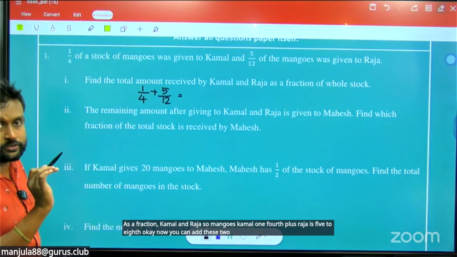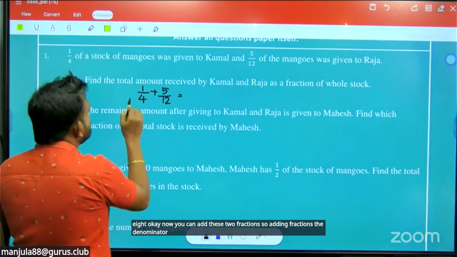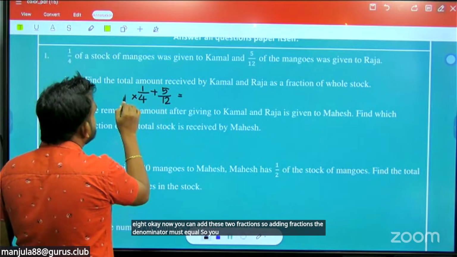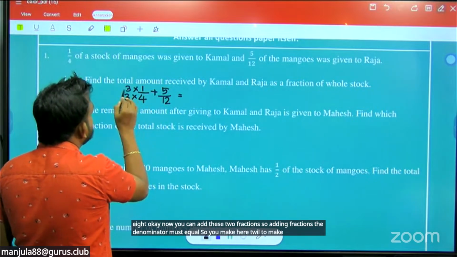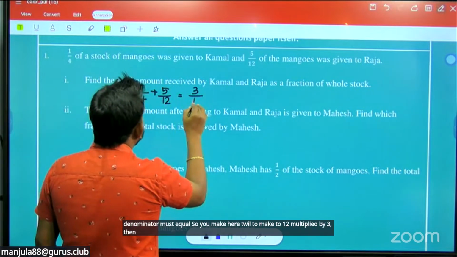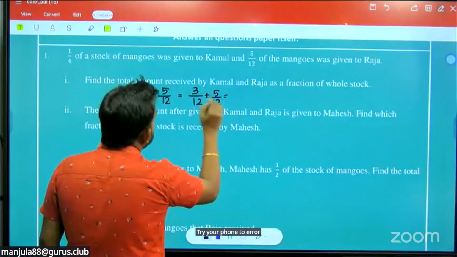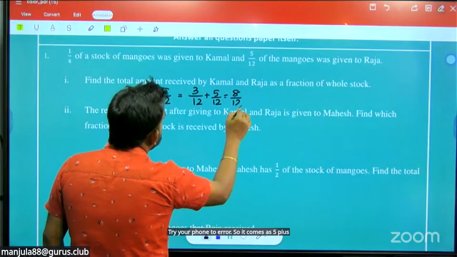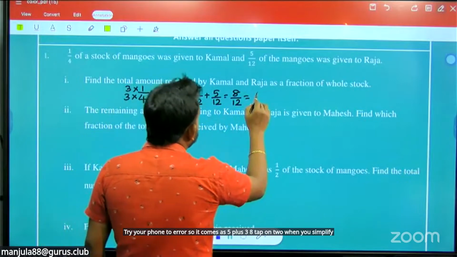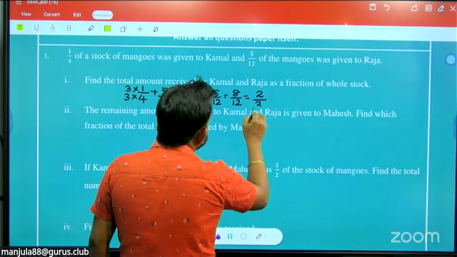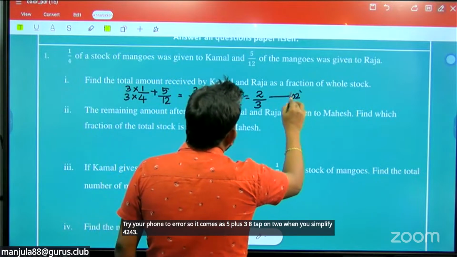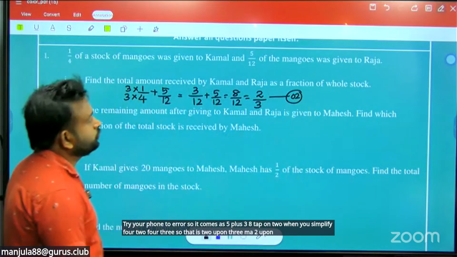When adding fractions, the denominators must be equal. So make 12 by multiplying by 3, then 3 into 1, 3 upon 12 plus 5 upon 12. So it comes as 5 plus 3, 8 upon 12. When you simplify, 4, 2, 4, 3. So that is 2 upon 3. 2 marks.